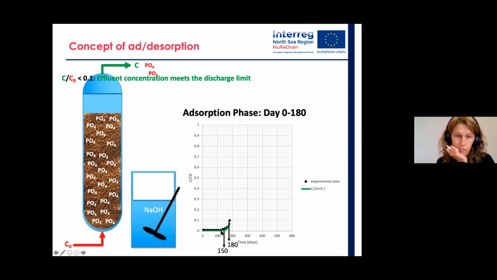I have a graph here, and what you can see on the graph is, as a function of time, the ratio between the effluent concentration and the concentration of phosphorus in the influent. This means after a while, this ratio will go up until it reaches a percentage of 10% in this case.